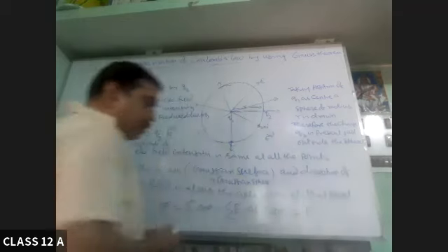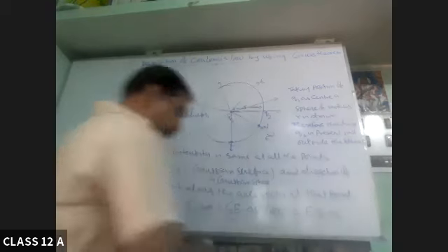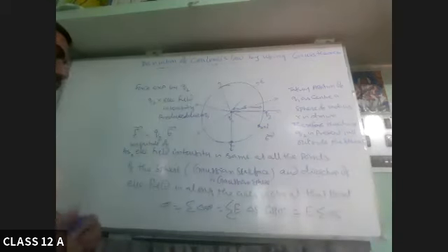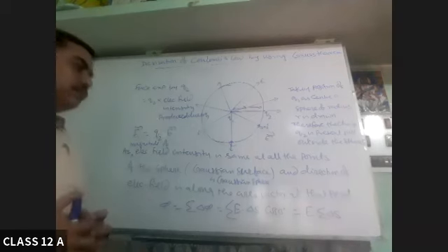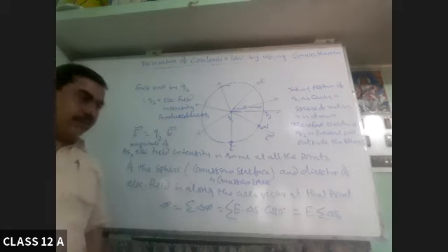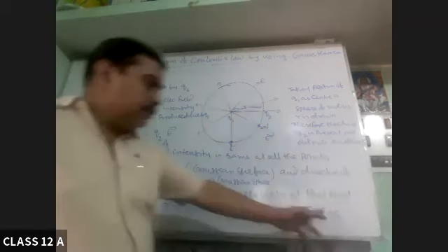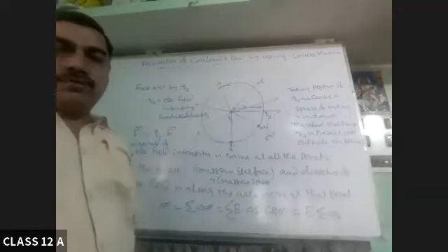E is the same everywhere, so only the summation of delta S is left. Now, what is the summation of this delta S? This is 4 pi r square. That is the area of the sphere.